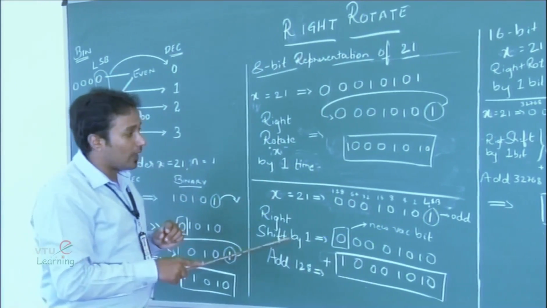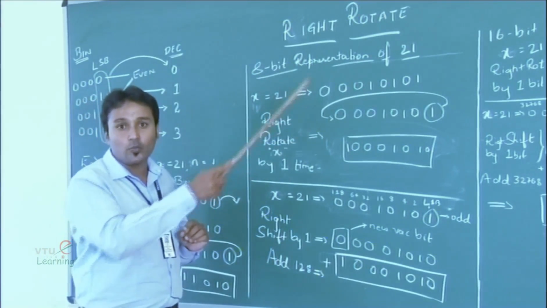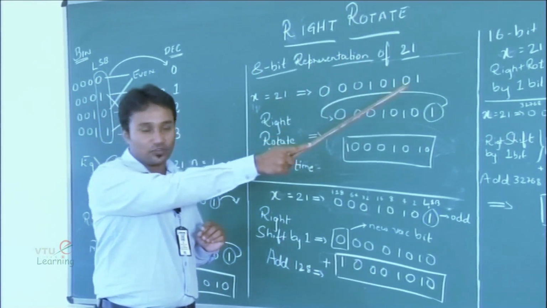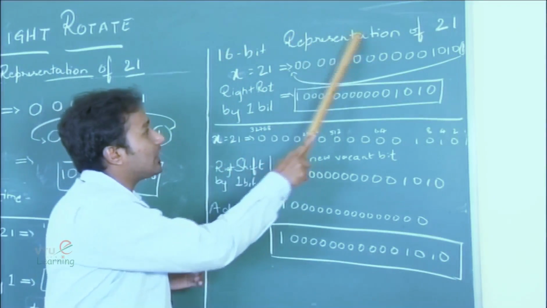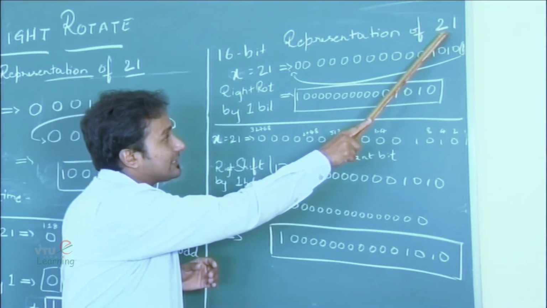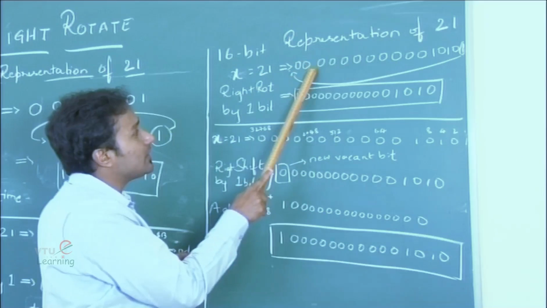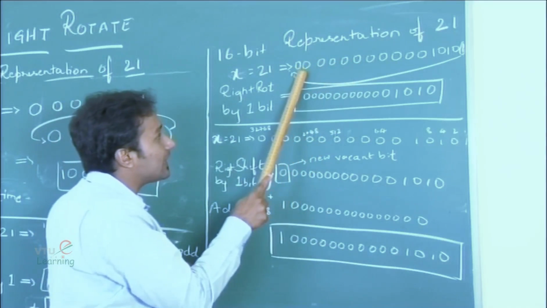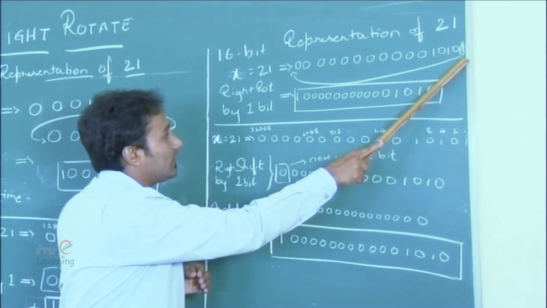But in our program, we need to consider the 16-bit representation, which is explained as follows. Now, we will consider the 16-bit representation of the given number x. Here, the given number x is 21, which when represented in 16 bits appears like 11 zeros followed by 10101.